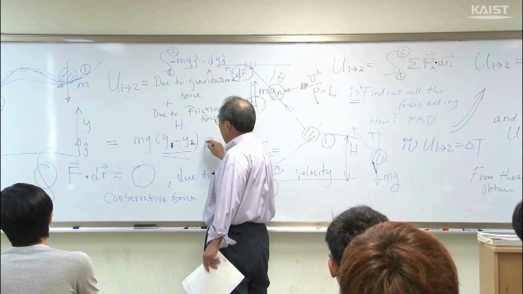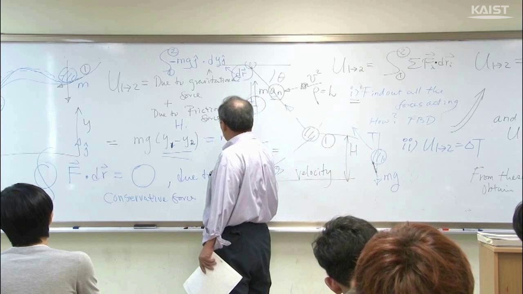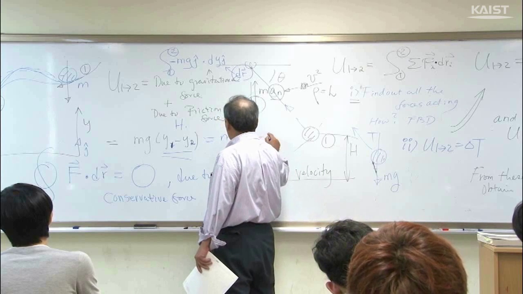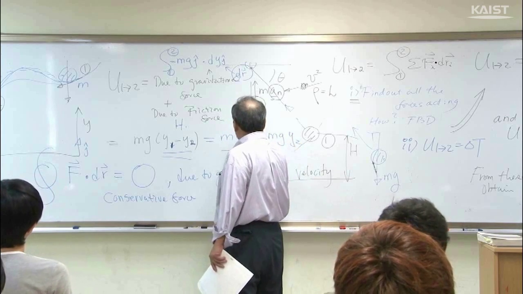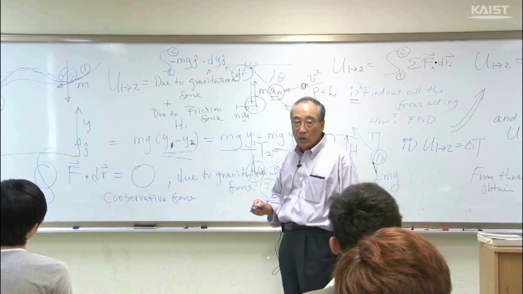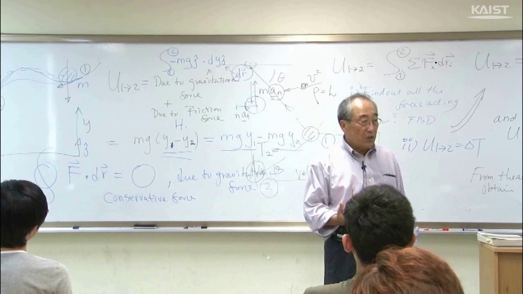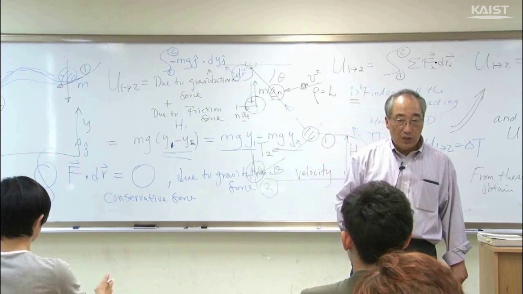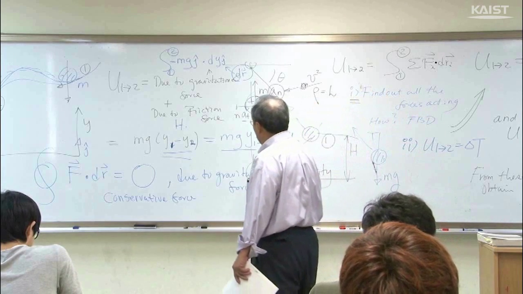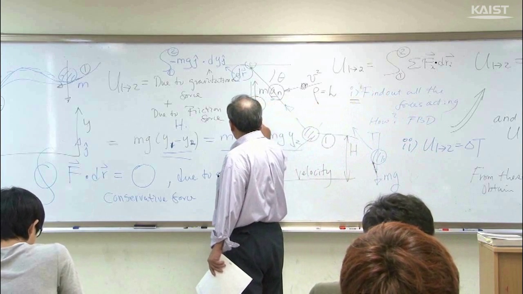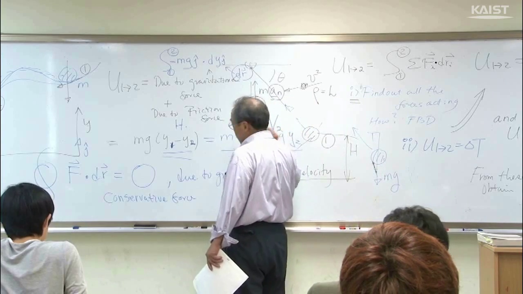And if you look at this formula in detail, that means mgy1 minus mgy2. And this is called potential energy due to gravitational force. And we denote that as V1 minus V2.